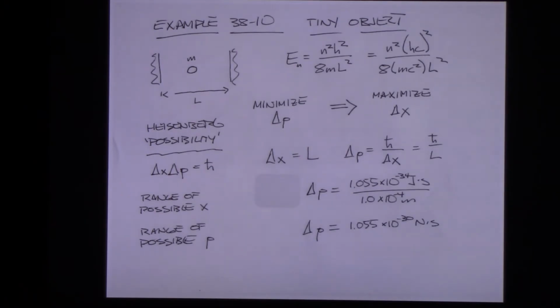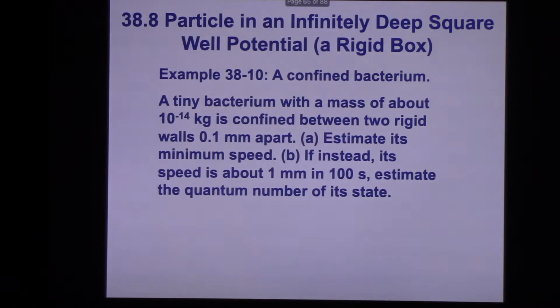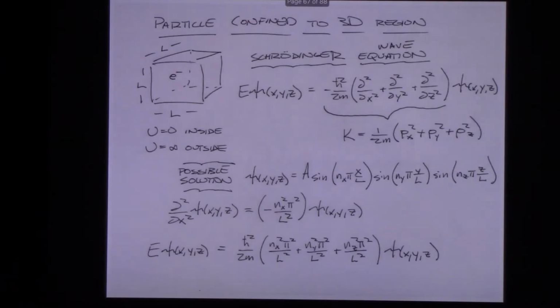It would be interesting to find out, though, if bacteria have to have at least a little bit of momentum, if they're not allowed to have 0 momentum. I just did not do that second problem. Uh-oh, I'm going to lose points there for sure. Not so worried about it.